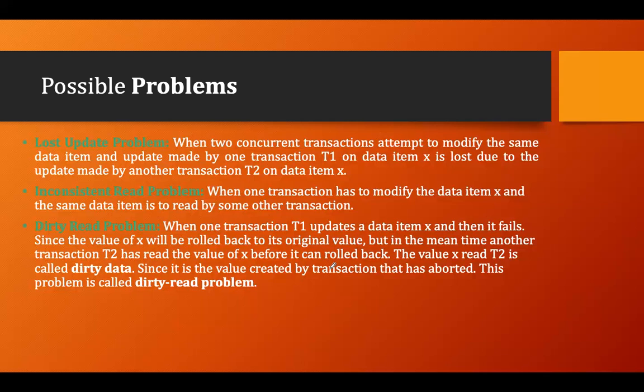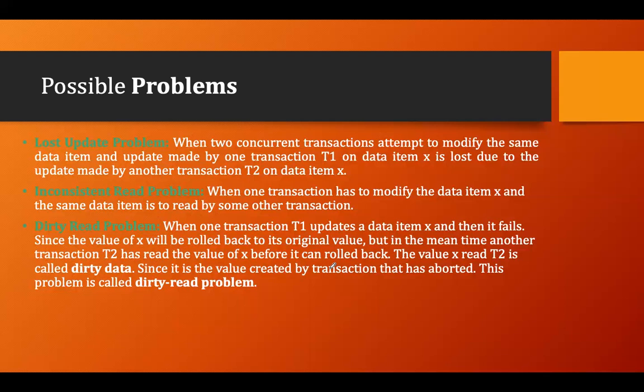There is a scenario: when two concurrent transactions attempt to modify the same data item, an update made by one transaction T1 on data item X is lost due to the update made by another transaction T2 on data item X. So if T1 and T2 are both updating X, let's say T1 has updated X first, but T2 will update X with its own data. What will happen? The update done by T1 will be lost. This scenario is called the lost update problem.